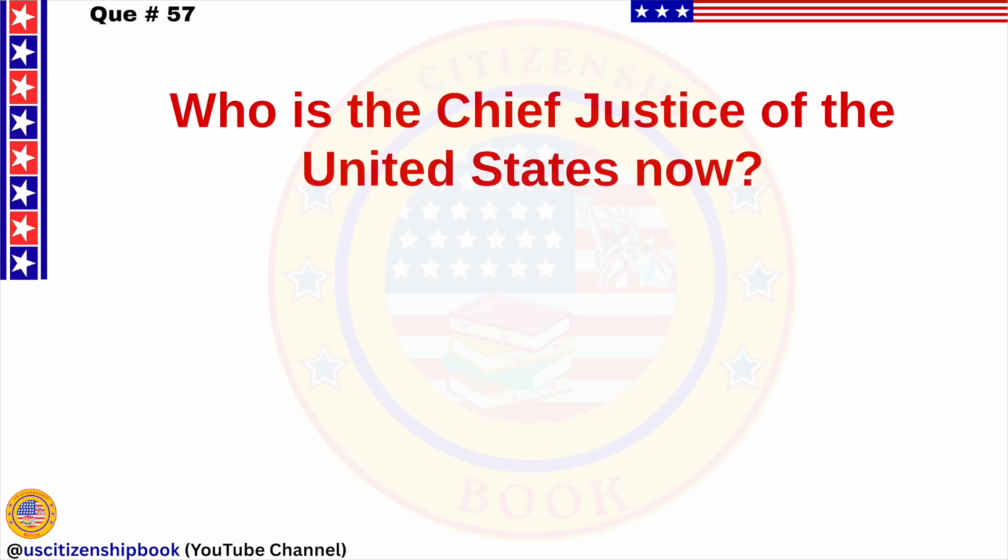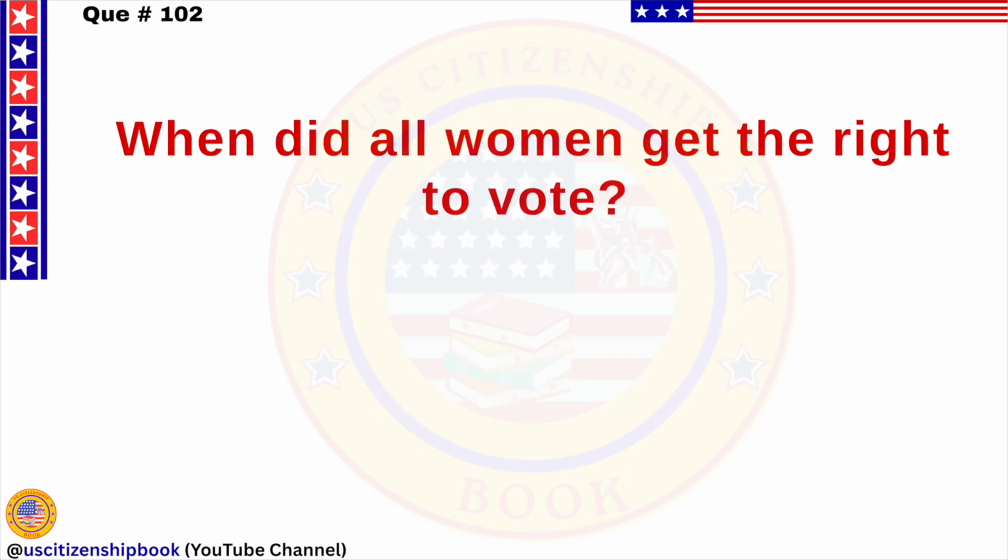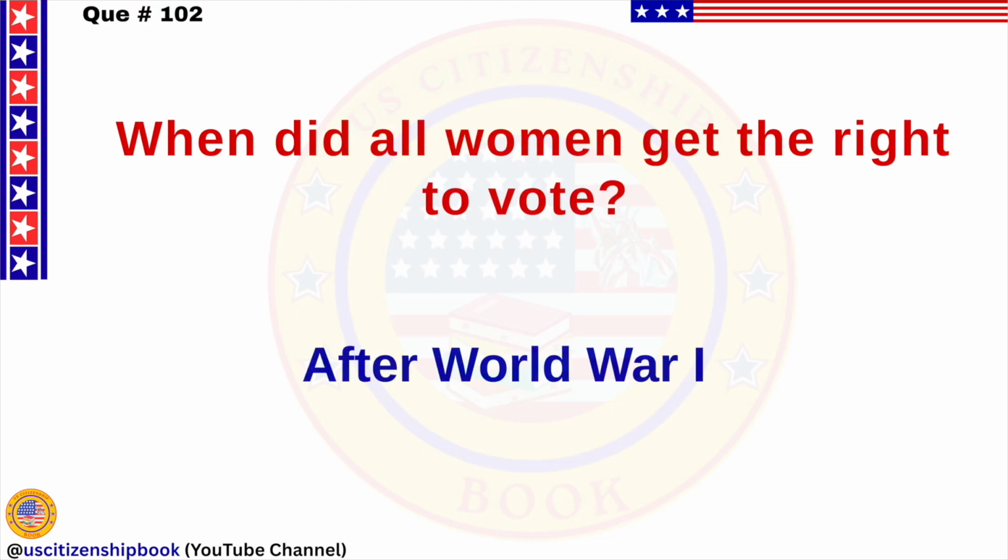Who is the Chief Justice of the United States now? John Roberts. When did all women get the right to vote? After World War I.